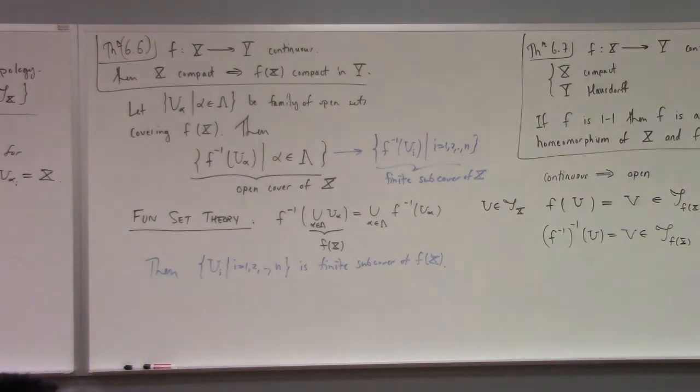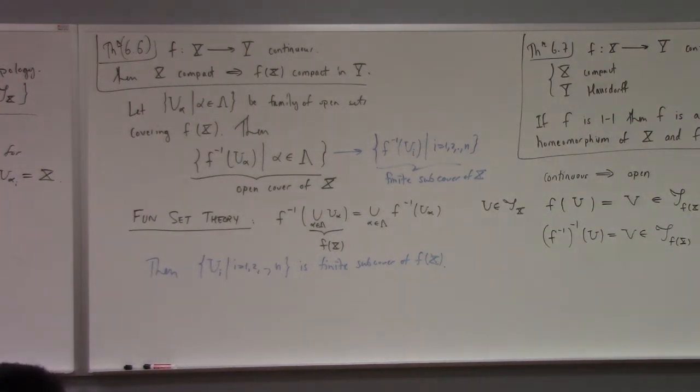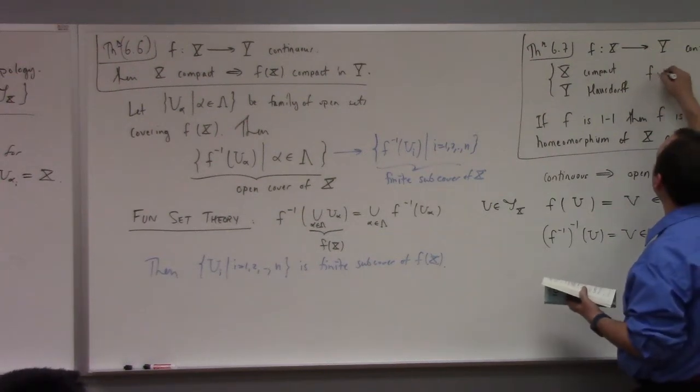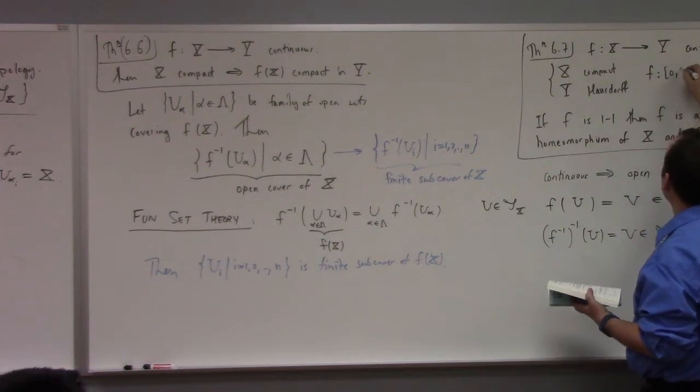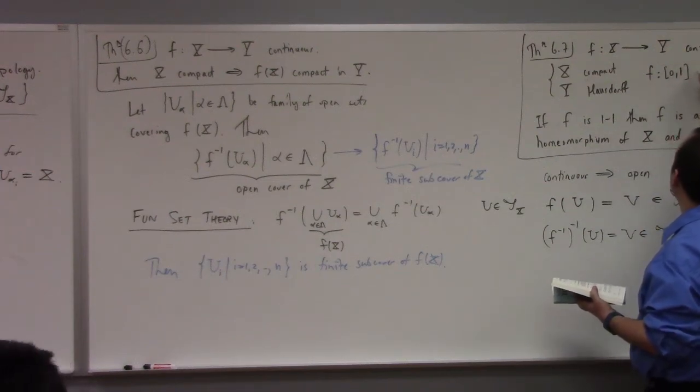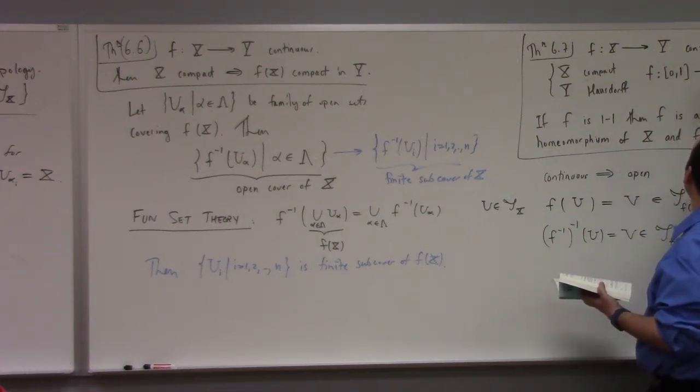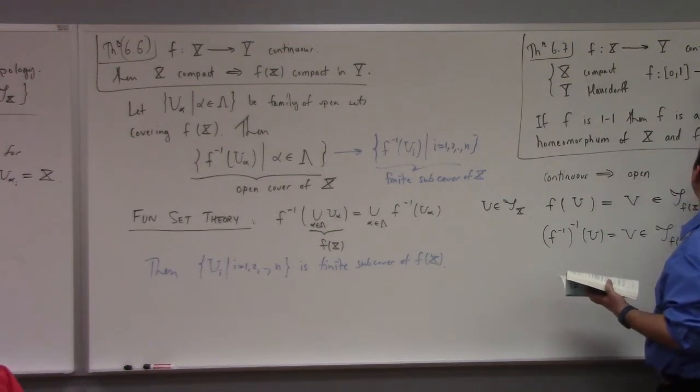Now, he immediately goes to the weirdness of this theorem as it relates to space-filling curves. So if you have f from the closed unit interval 0 to 1 to, say, the plane.